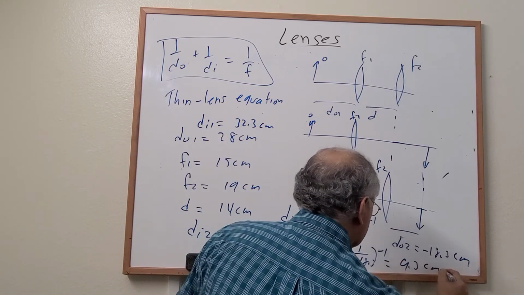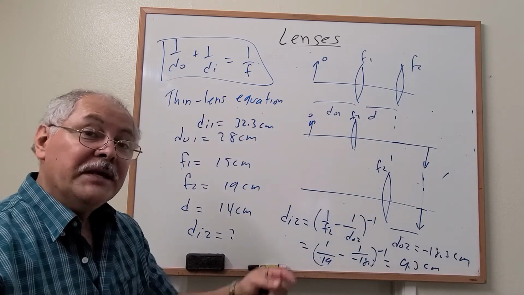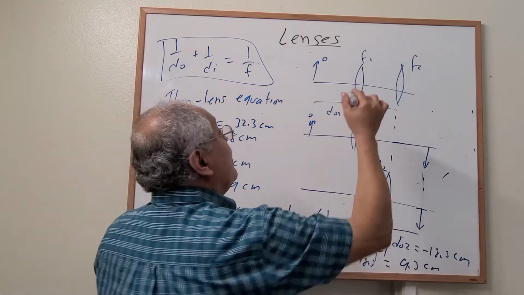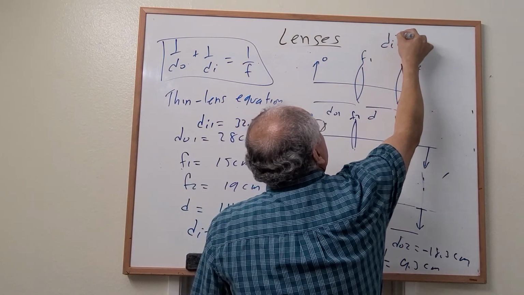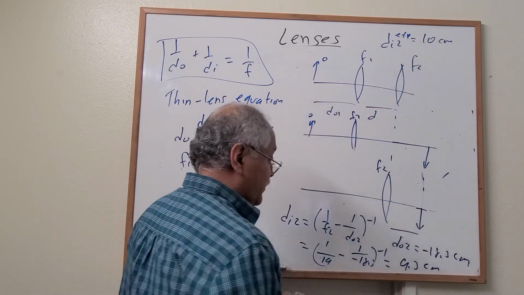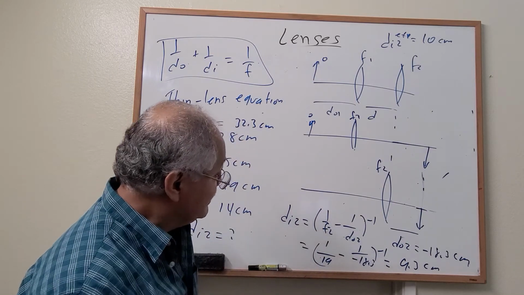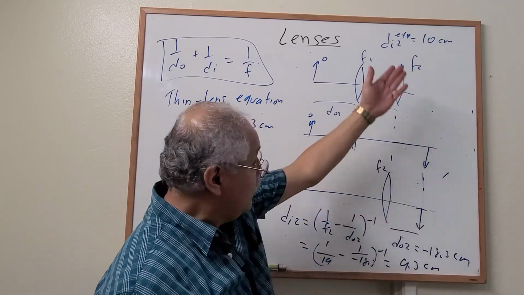In the experiment, di2 was found to be 10 centimeters, and from the theory it equals 9.3. Well, it's very close.